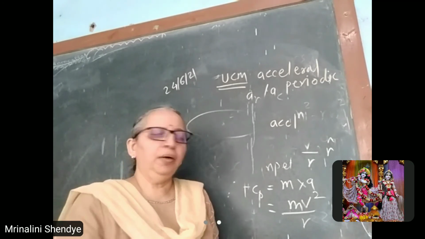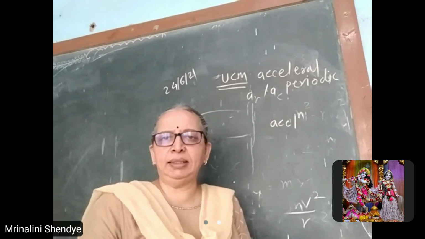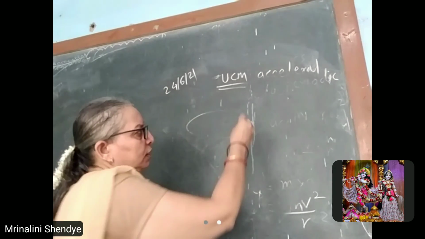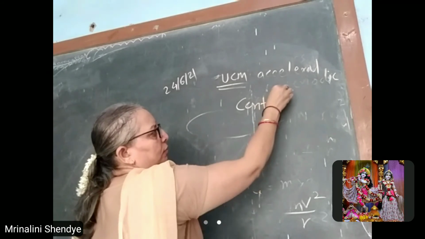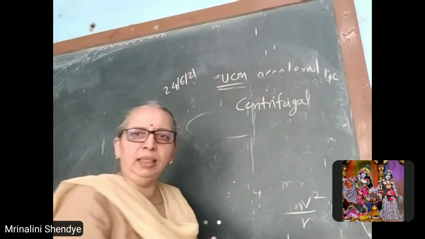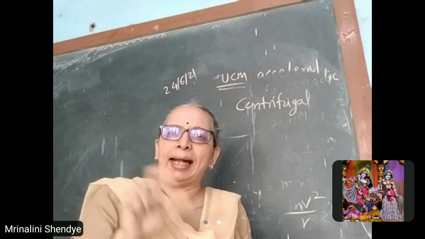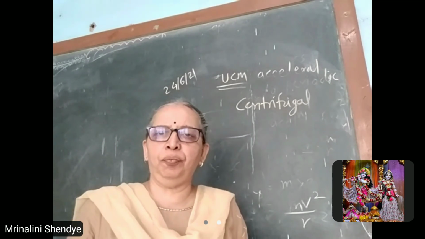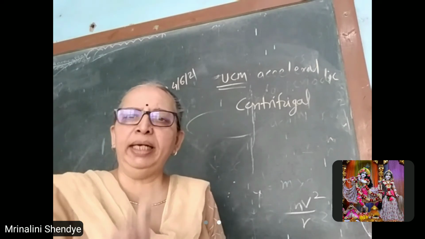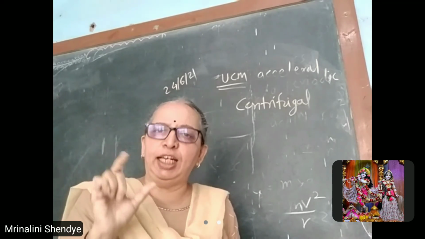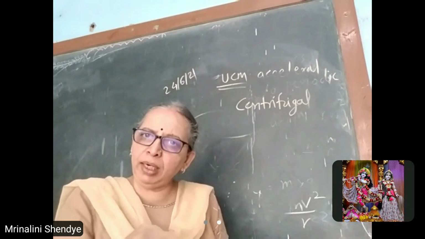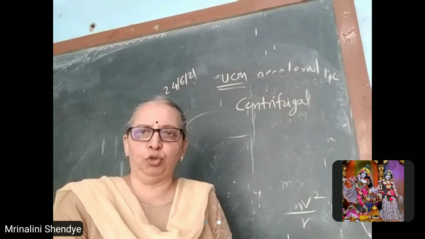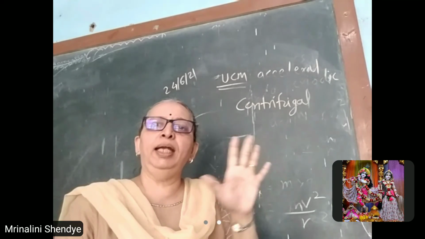But that passenger is experiencing that force, and hence we have to assume one more force, which is centrifugal. So to explain this behavior in an accelerated frame of reference, we have to assume the existence of one more force, which is centrifugal. It is totally pseudo. It is experienced by the object performing UCM, not experienced by the observer observing that particular motion. So centrifugal is totally pseudo.